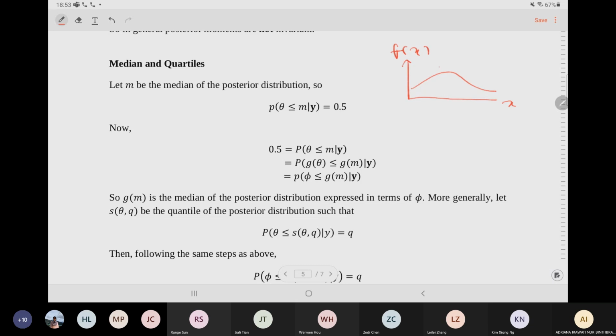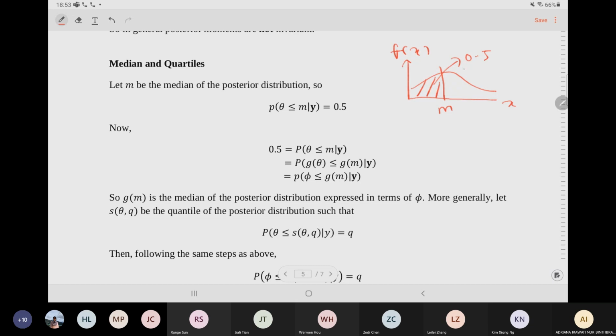If I find my median, this is my m, then the probability under the curve is 0.5. So the median means that the probability of theta less than m, which is the area under the curve, is 0.5. So that's the median in terms of probability.